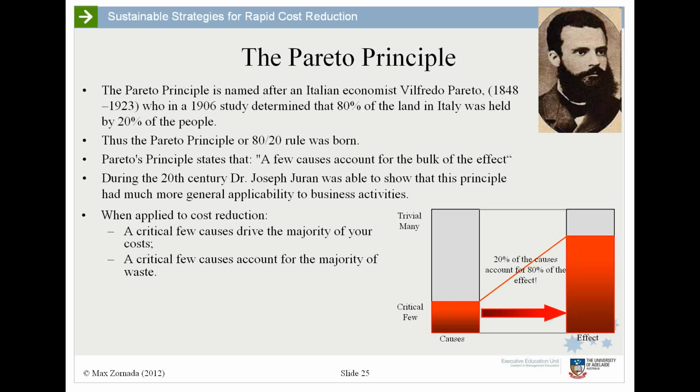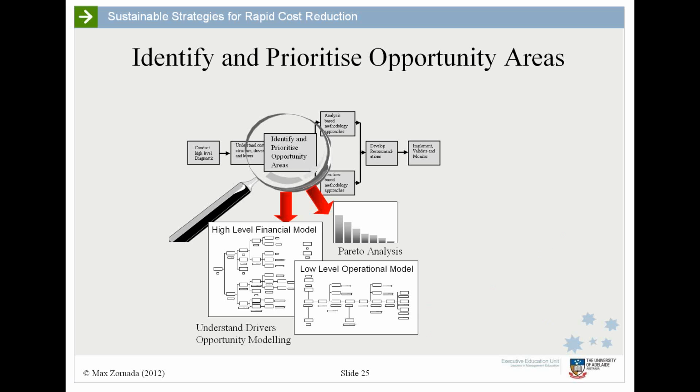And Joseph Juran showed that this was in fact a much more general principle that could be applied to business activities. So in a cost reduction application, the idea is that a critical few causes will drive the majority of the costs.